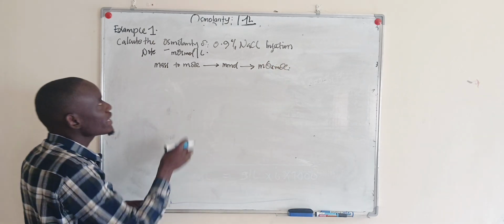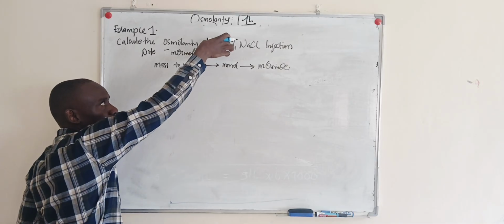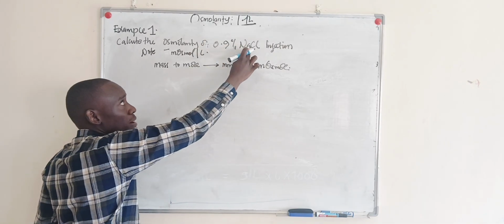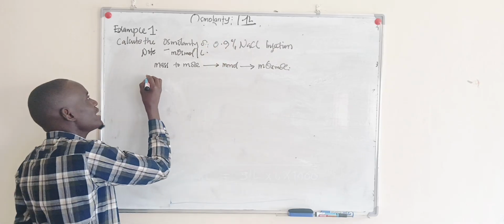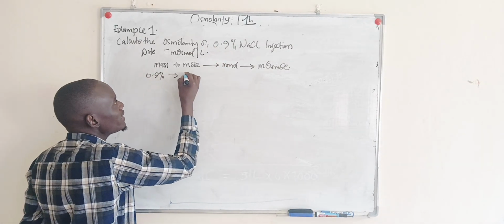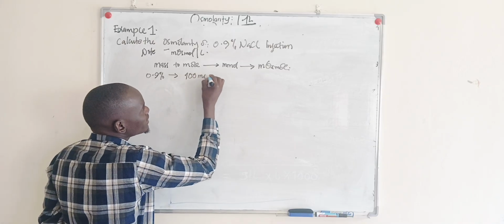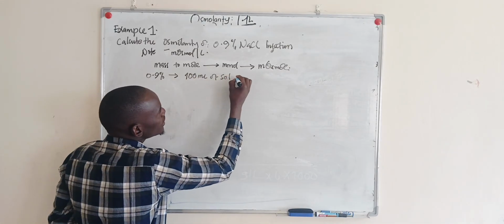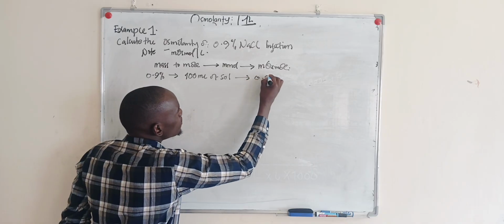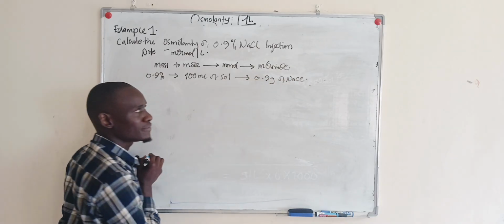So we begin by calculating the number of moles of sodium chloride. But remember, when they say 0.9%, they simply mean that 100 mils of solution contains 0.9 grams of sodium chloride.